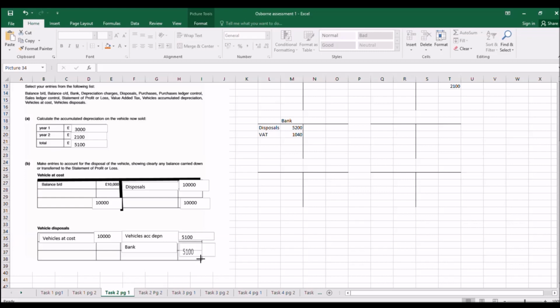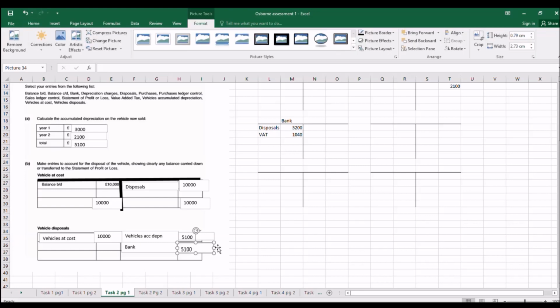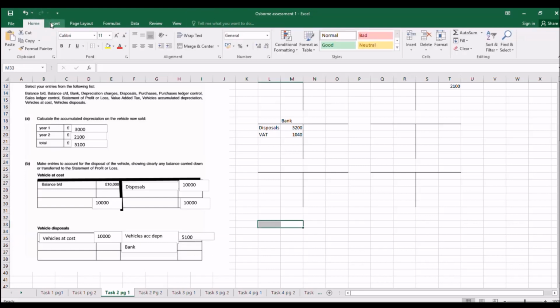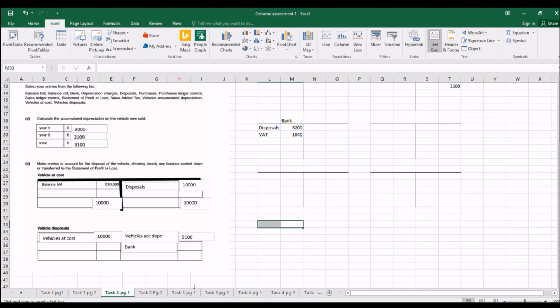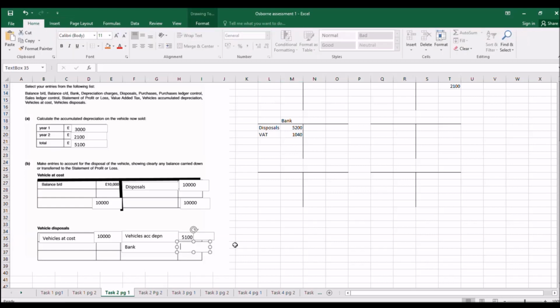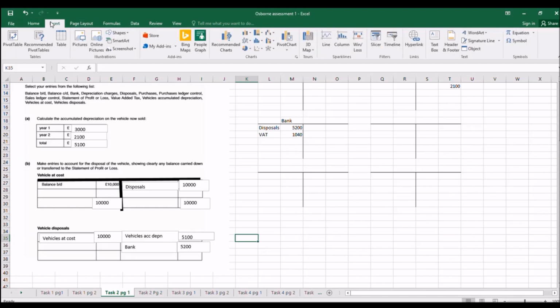It's not going to go into this, which is a bit annoying, isn't it? Well, let's just take that one out and redo it again. 5,200 to there, and we need to have what we're going for: statement of profit and loss. So we're going to try and find the one that's equivalent to profit. The statement of profit and loss account, something like that. Statement of financial position could be anything in there. So we found that one.